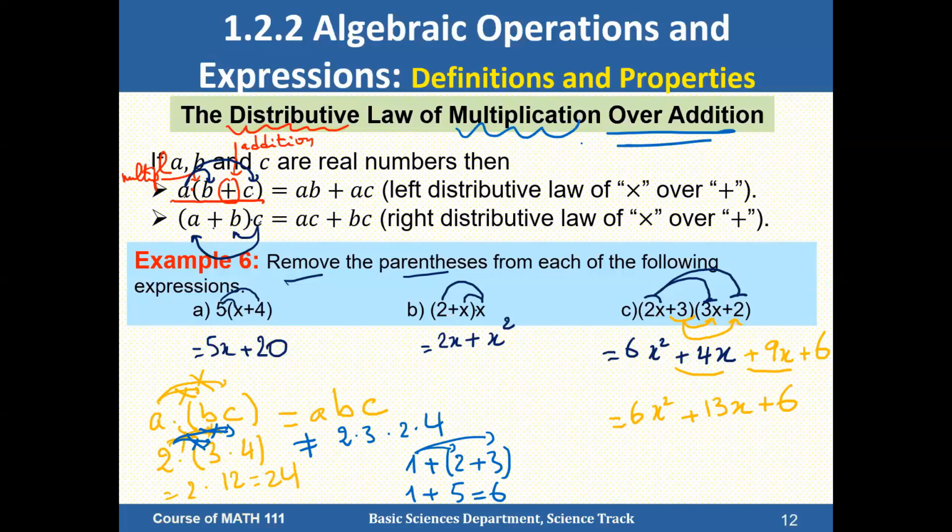Okay, and we have the two operations, addition inside parentheses and multiplication outside. Here I can distribute.